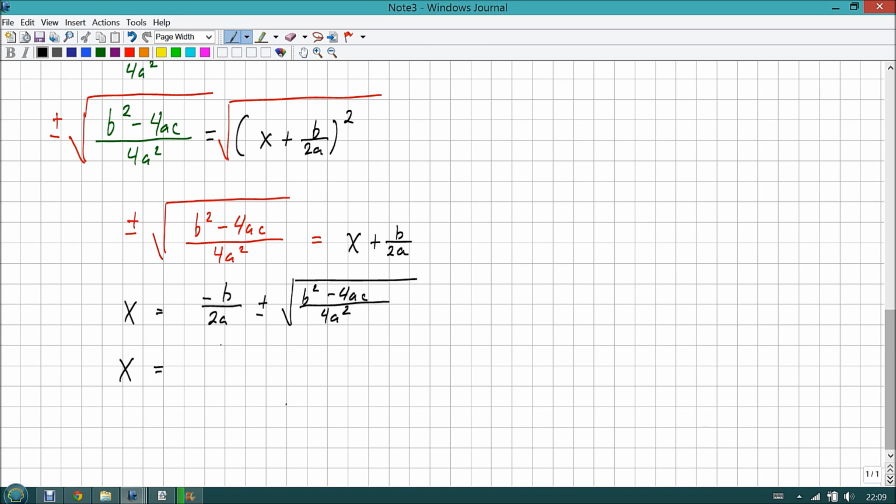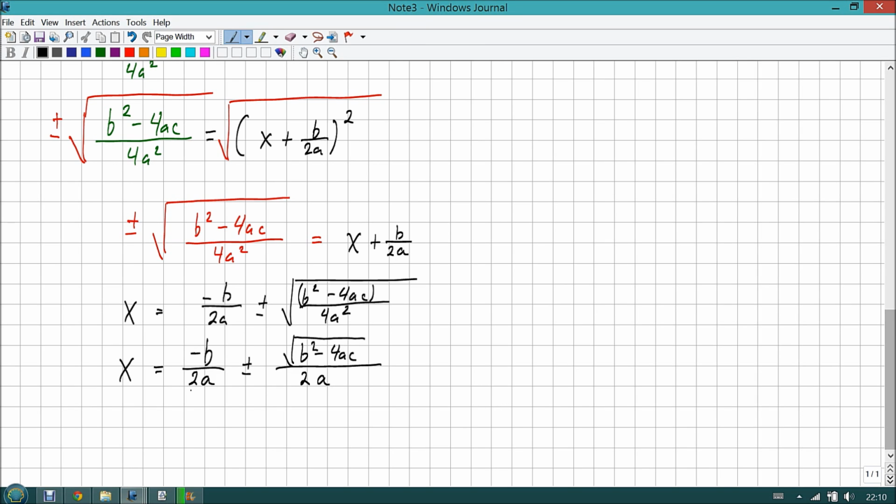Okay, we have x is equal to negative b over 2a, plus or minus, and on the numerator we're going to have the square root of my numerator on the inside, which is b squared minus 4ac, and that's going to be over the square root of 4, which is 2, and then the square root of a squared, which is a.